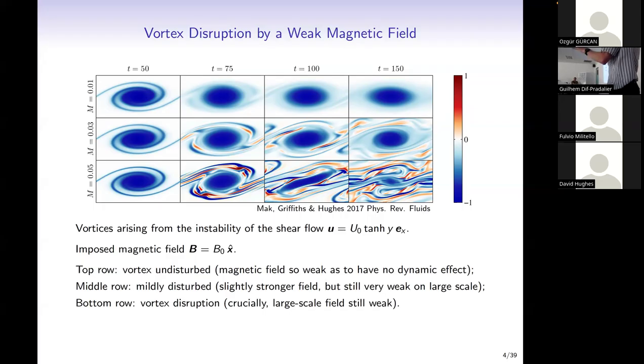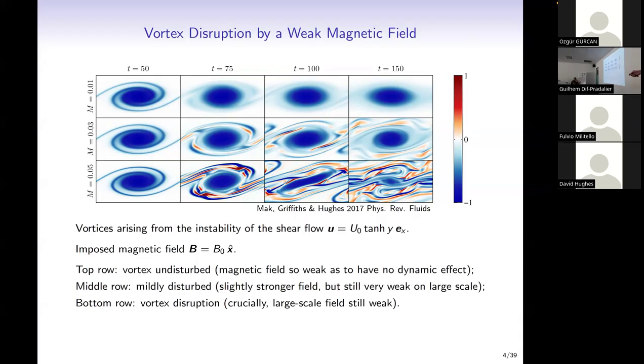I'll say more later, but this is contours of vorticity, so you can just think of it as an isolated vortex. And the top, this M, which again I will explain later, is some measure of magnetic field strength. But in the top one you can consider there to be no magnetic field. So it's a vortex and it sits there. And that is that.